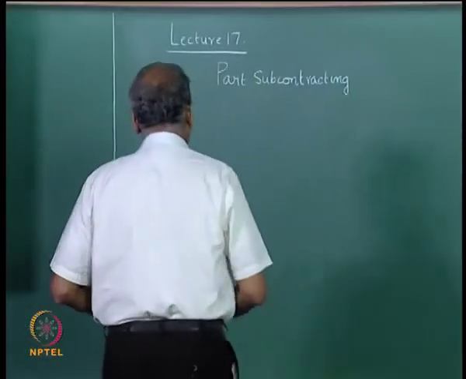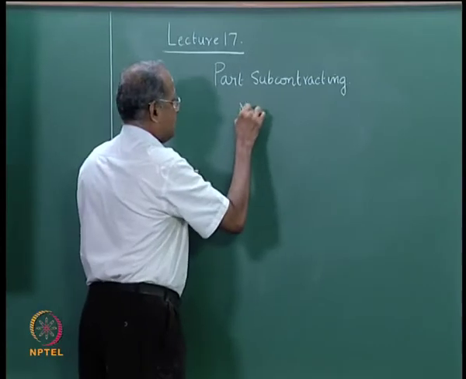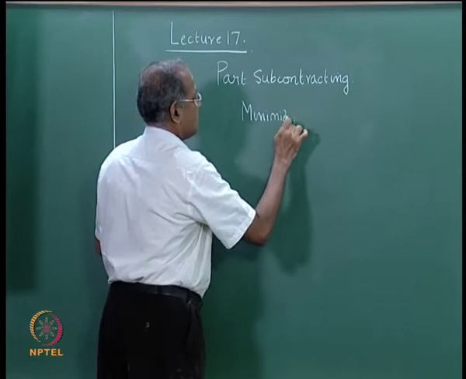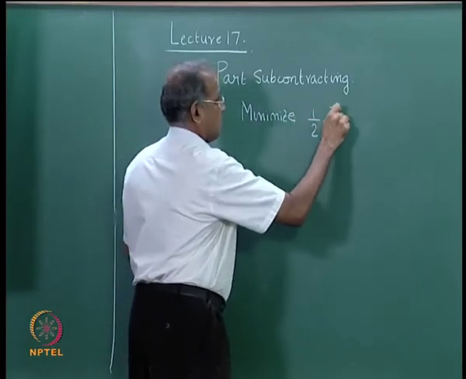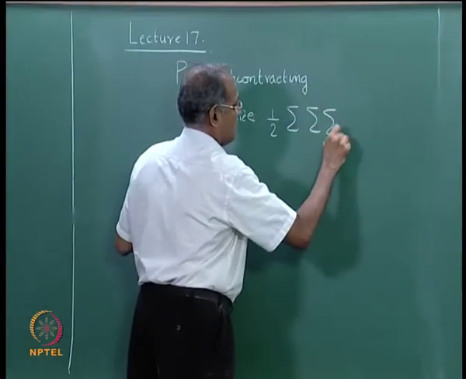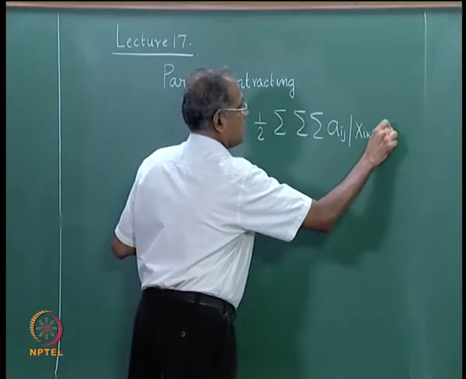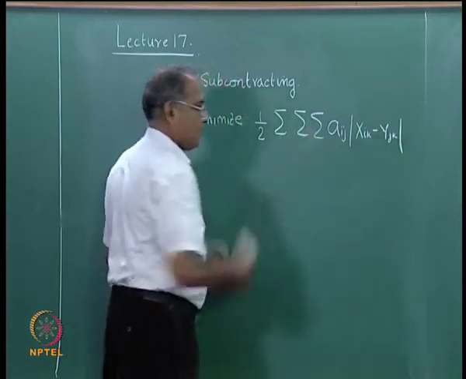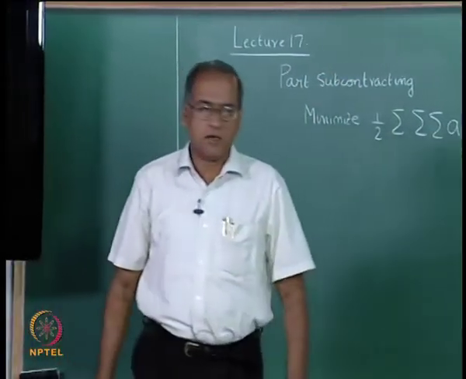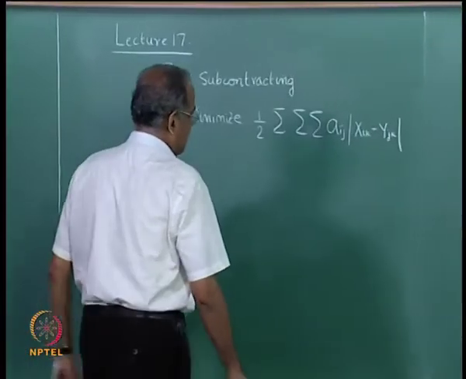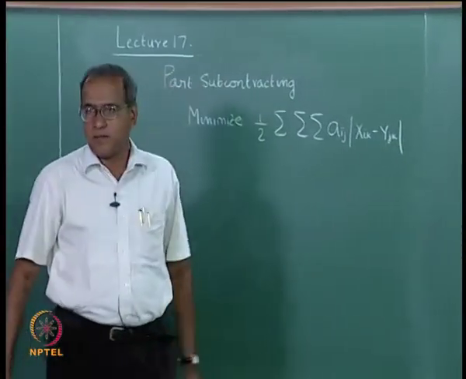So, the Bochter's formulation has an objective function of minimizing the intercell moves. x I k equal to 1 if machine I goes to group k, and y j k equal to 1 if part j goes to group k.